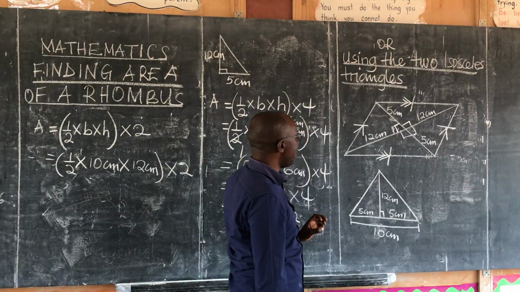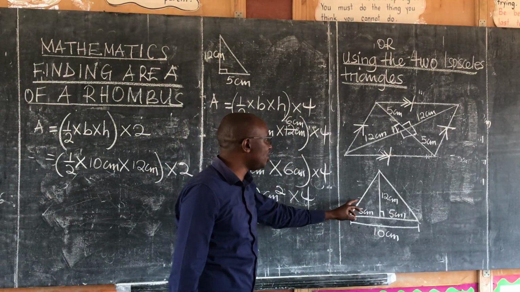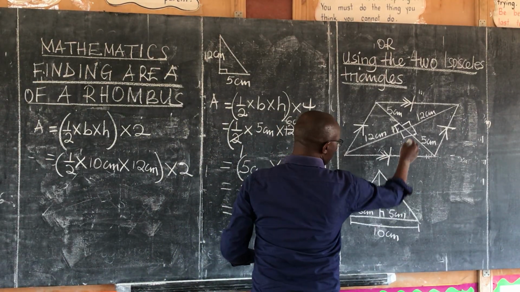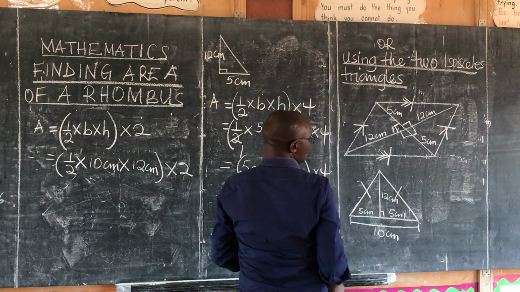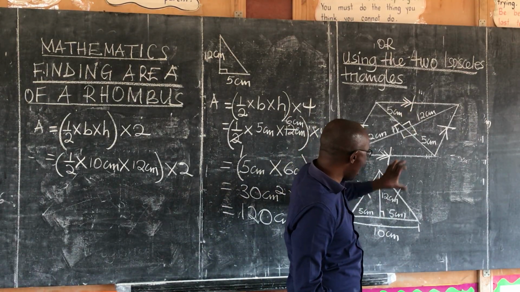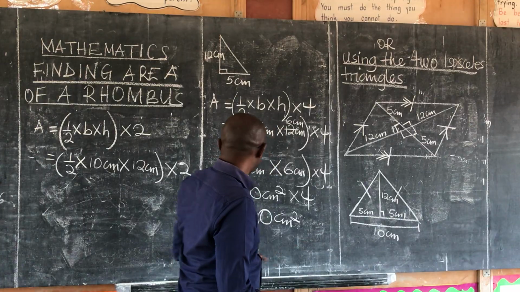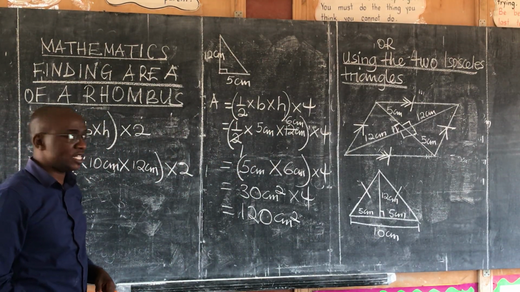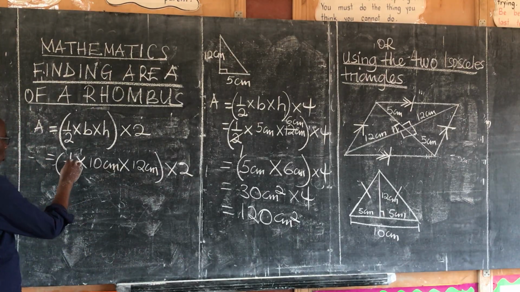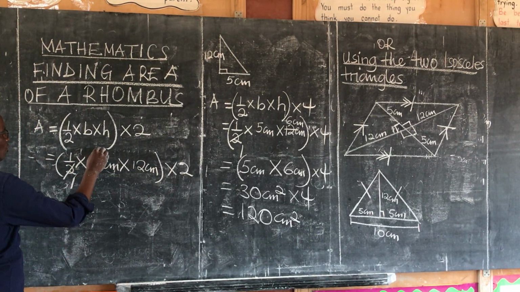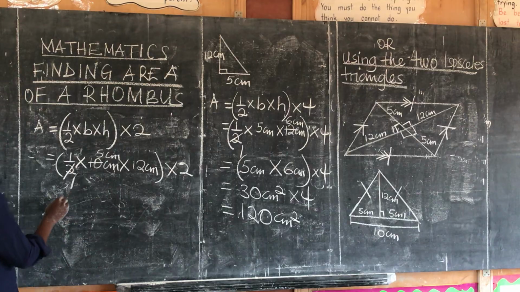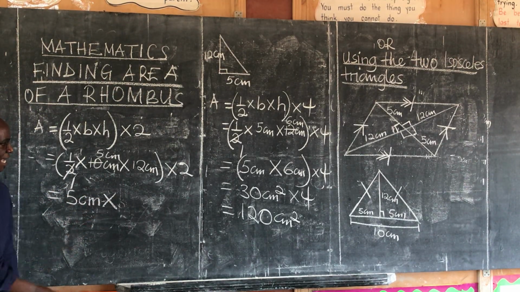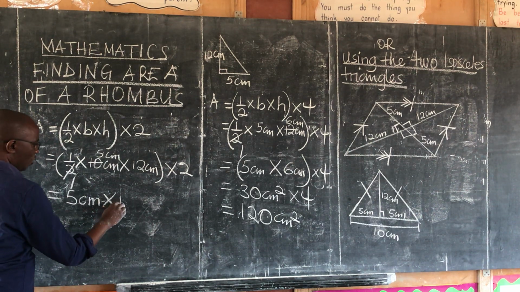So meaning that to find the area, we can get the area of one isosceles triangle. Remember, this was an extraction. You get the area of one isosceles triangle times 2. You will get the area of the rhombus. So by 2, 1. By 2, 5 centimeters. So you end up with 5 centimeters times 12 centimeters.